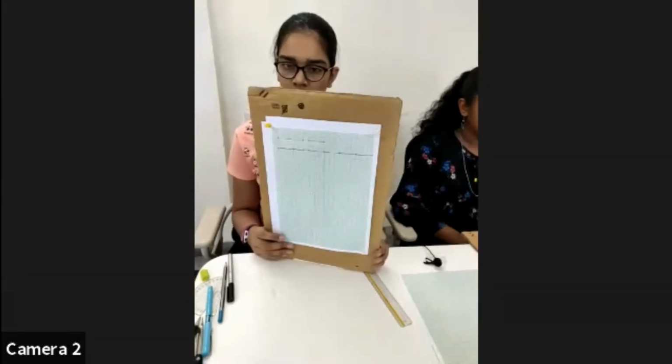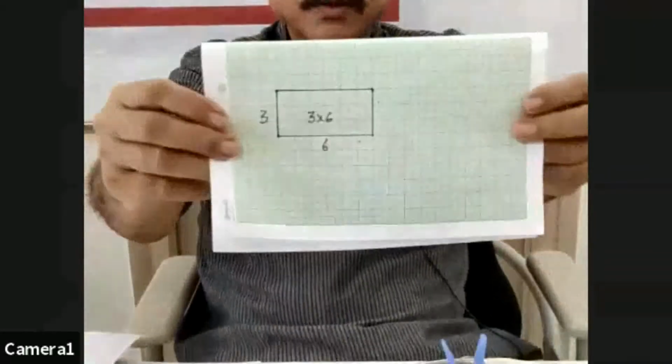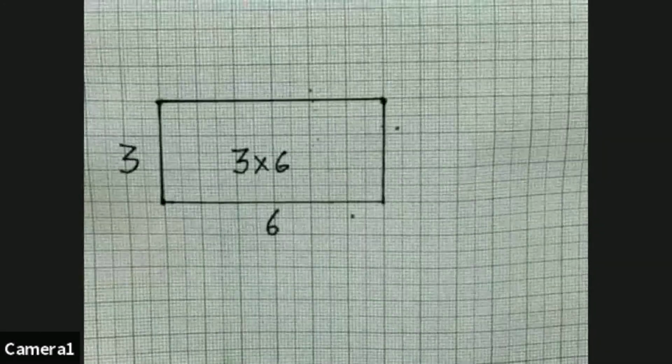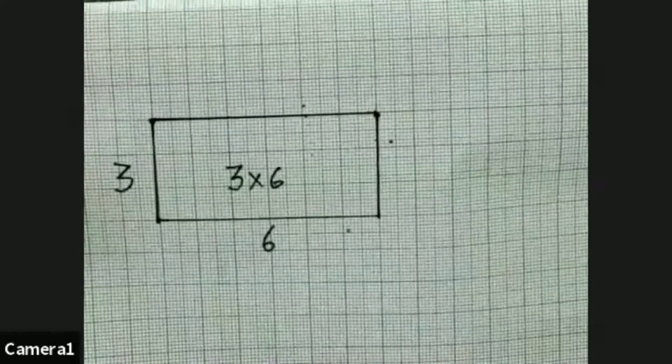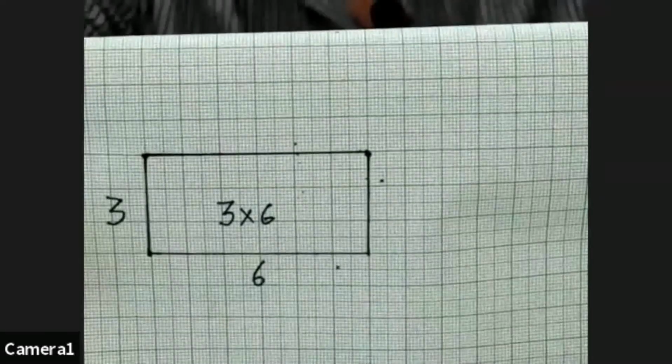So now let me show you what I have done, and then let's discuss the 3 different things. Okay, this is what I have done for 3 multiplied by 6. I have made a rectangle with one side as 3 and the other side as 6.